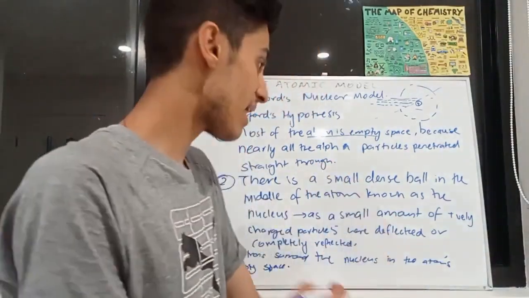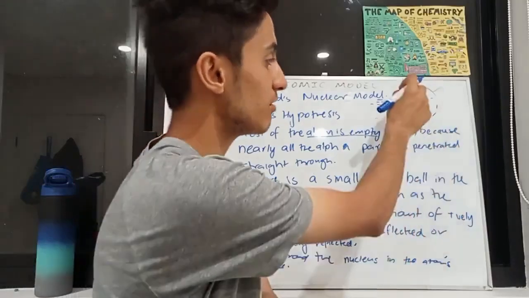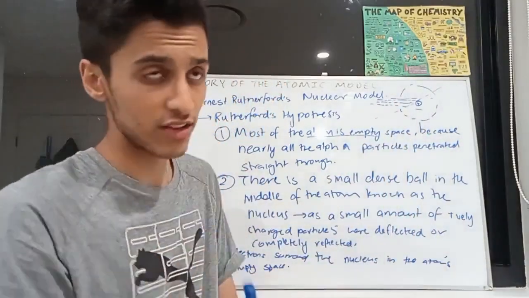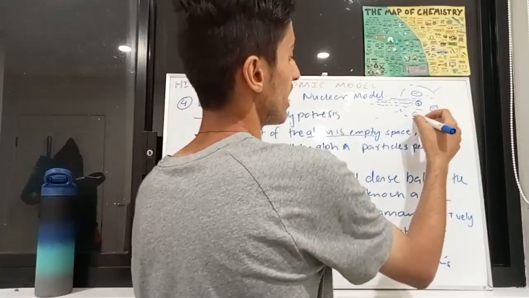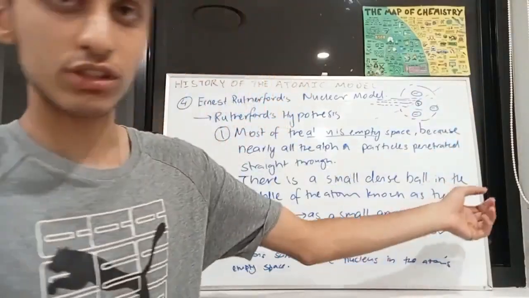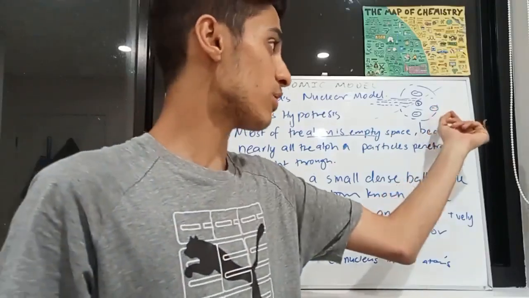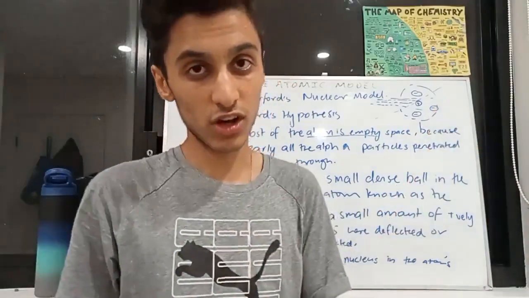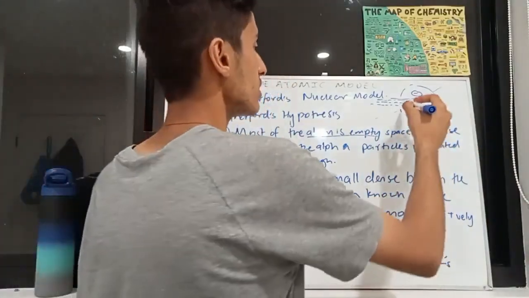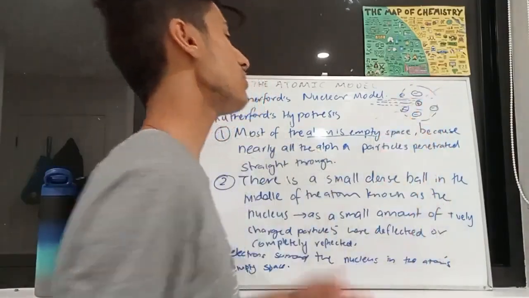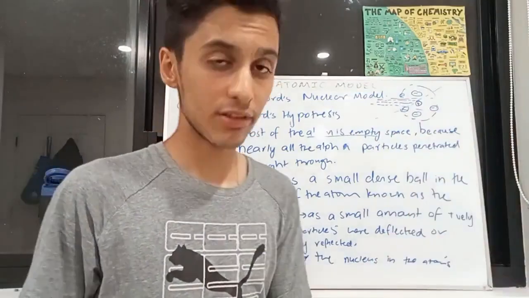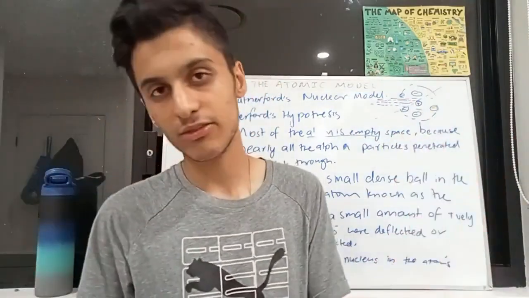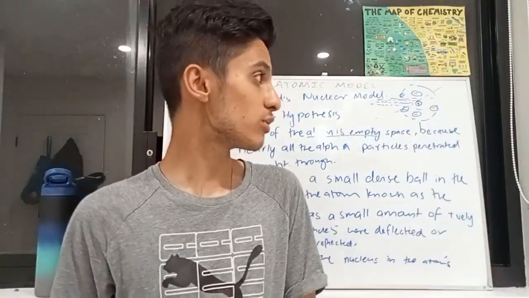So if we bring this piece of information into our visualization over here, we can say that there are randomly floating negative charges, which, when we look at it to scale, are much smaller than the positive charge. So this is what we get. This is Rutherford's model.